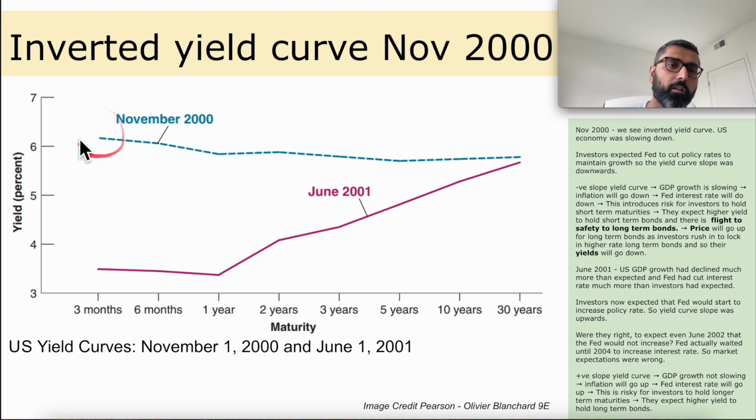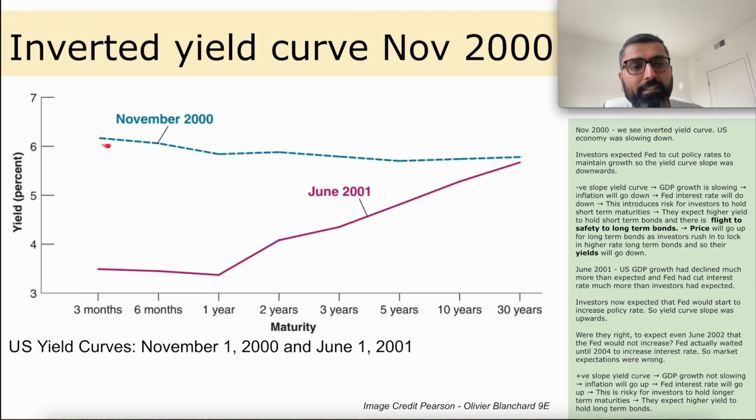A lot of people would be incentivized to move here and lock in this higher rate for a longer duration. And so when there's a flight to safety in this longer duration, the prices go up because a lot of people are coming in, and so the yields go down. So you start to see a depression in yields here, compared to the level here.